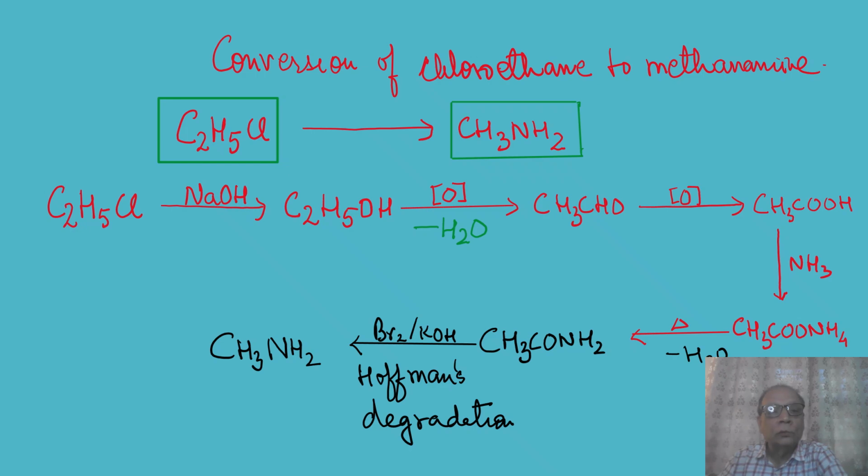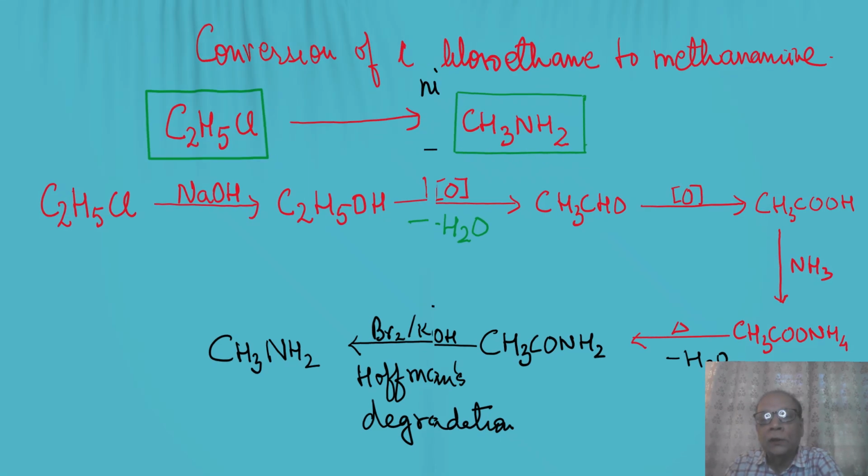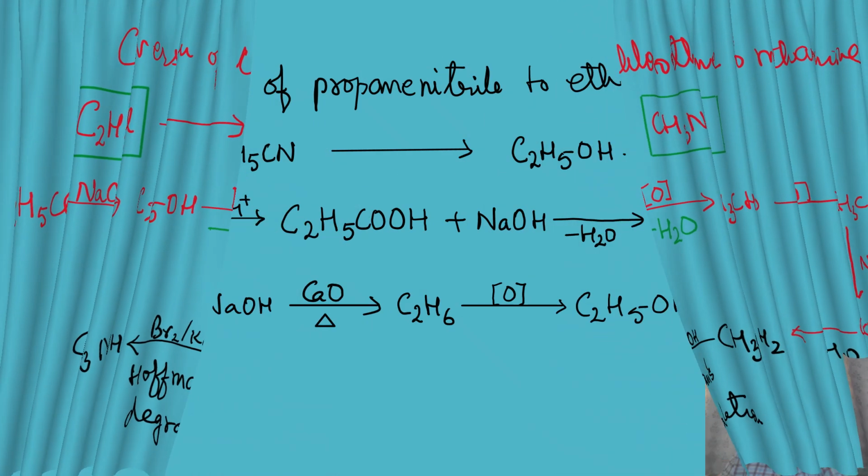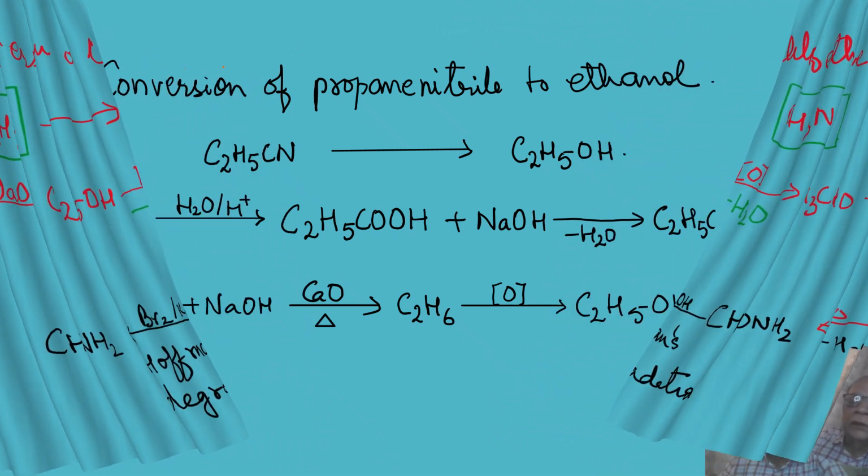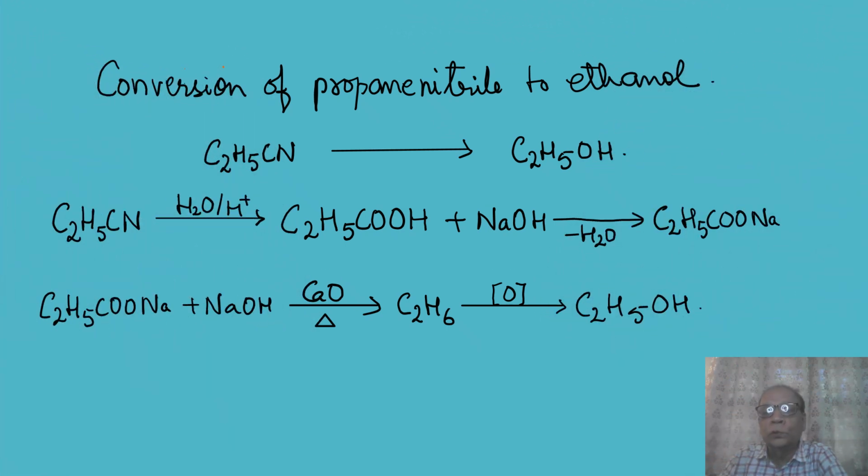that is conversion of propane nitrile to ethanol. C2H5CN, propane nitrile, is to be converted to C2H5OH, which is ethanol or simply alcohol. And in the process, you see the C will be lost.